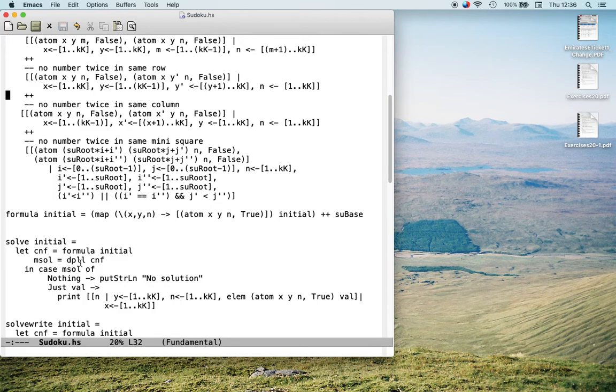But anyway, we apply the DPLL algorithm to the conjunctive normal form, and that gives us either nothing or a solution. The nothing means we don't have a solution, the formula is not satisfiable, because DPLL is a complete algorithm. Or alternatively, we get a value, and that means we've got a solution, and we convert that.